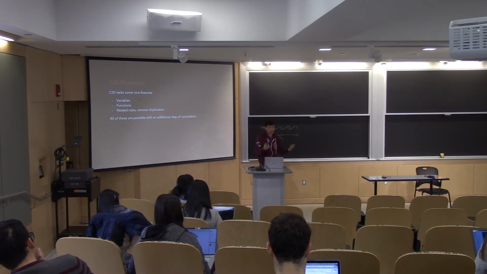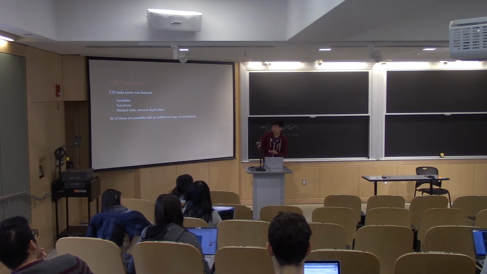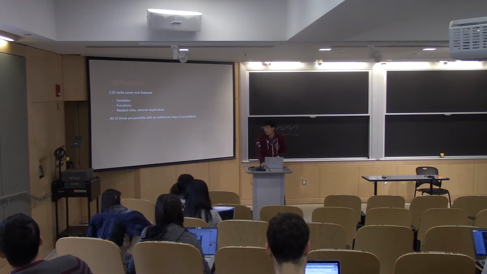Again, you want to have some generic rules that apply to a lot of different things, but maybe don't necessarily fit into the model of cascading style sheets. So I'm giving you a lot of examples of these things that you might want to do to minimize code duplication and use reusable concepts such as variables and functions, and CSS doesn't know how to do this.